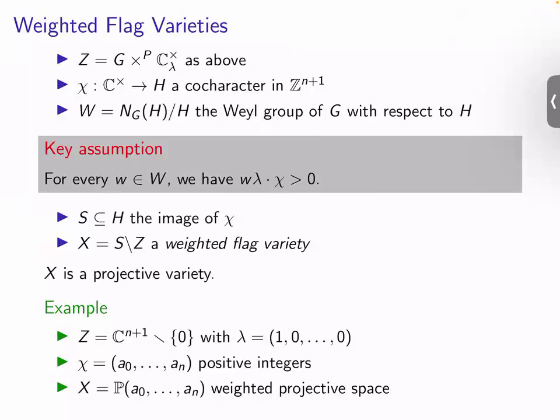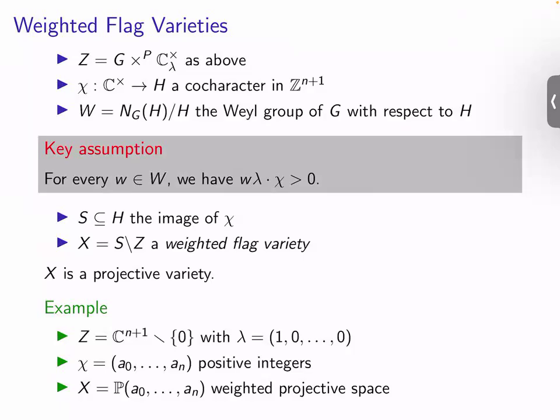Anything you know about the flag variety, you want to pull up into Z and then quotient out by S. And the corresponding object you get is called the weighted version of the original flag variety.